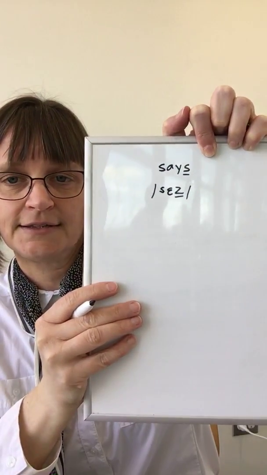"Says," not "ses." So the S spelling for the Z sound is a very common pattern. Many, many words, in fact most of the words in English that are spelled with the letter S at the end of the word, actually have the Z sound. Some examples: was, is, does, and also words that are spelled with SE at the end, like those and these.